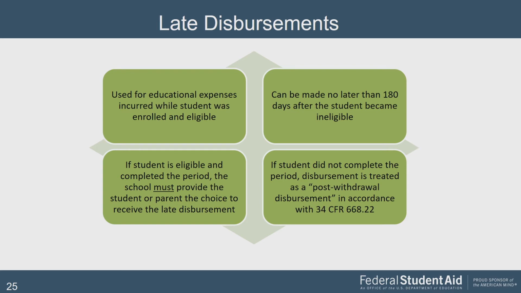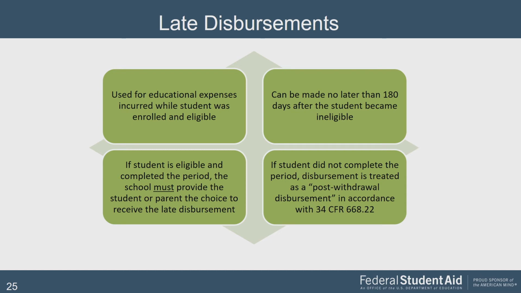When you're making a late disbursement for a student who is no longer eligible, no longer in school, no longer enrolled, we are making disbursements to be used for educational expenses that were incurred while they were enrolled and eligible. That's all that can be paid. Now, if a student is eligible and they completed the period, you have to provide that student with the choice to receive a late disbursement.